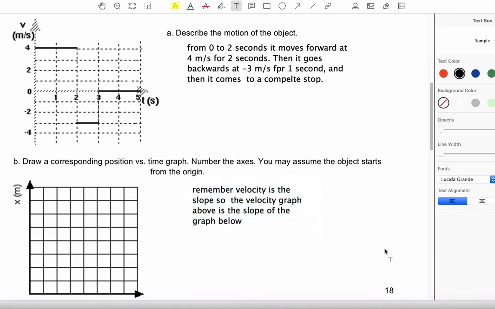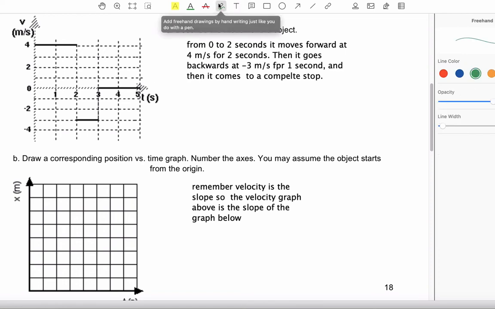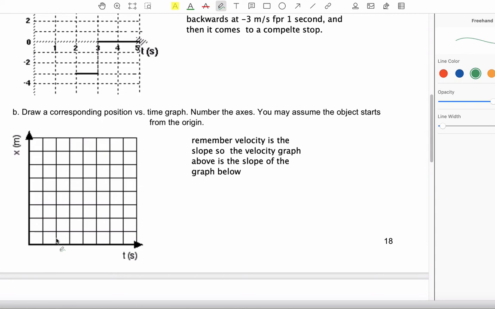So here's what that means. For 2 seconds, I'm going to have a slope, and then I'm going to actually label these axes. Let's go ahead and do that, in fact. So we'll make this 2 seconds, 4 seconds, 6 seconds.